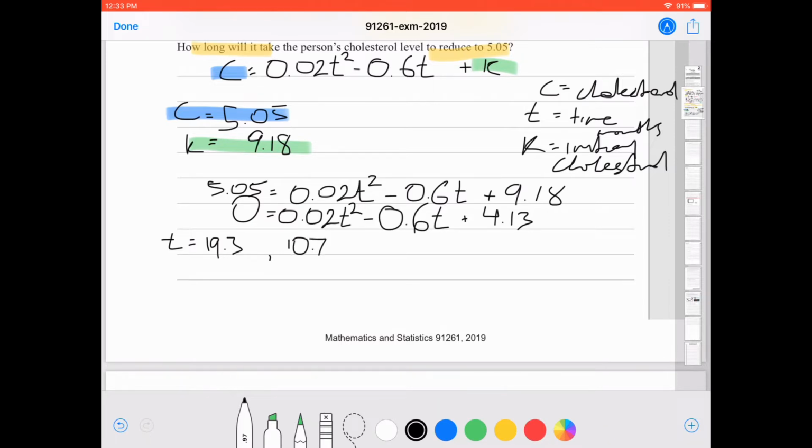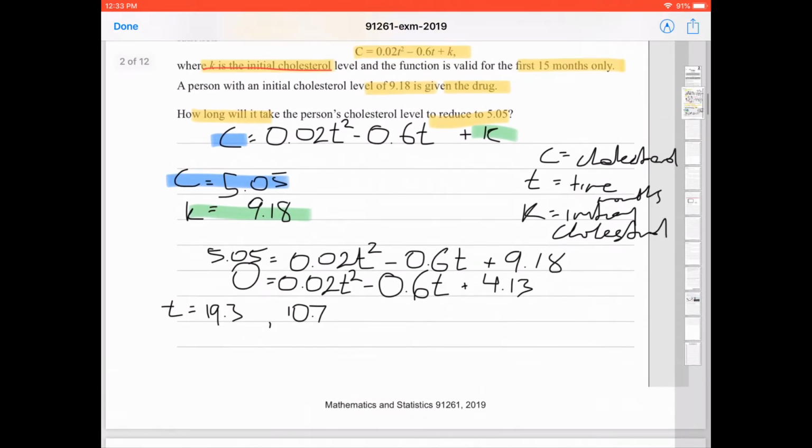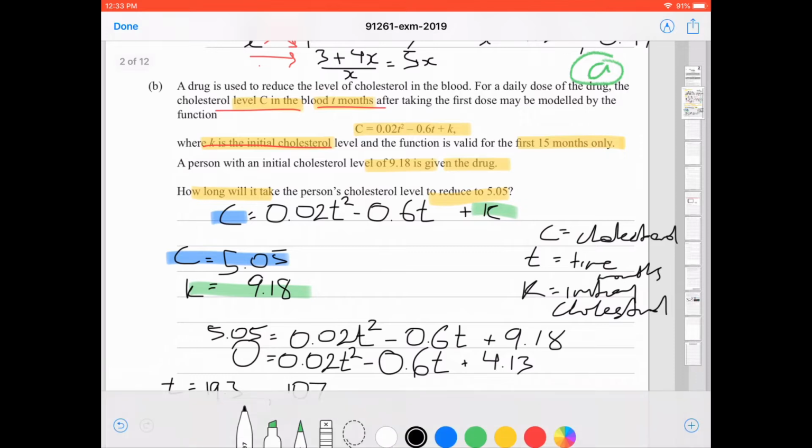Now we're not quite done. We have to always bring it back to the context of the question. And we've got two values where the person's cholesterol level is reduced to 5.05. But it says the function is valid for the first 15 months only.